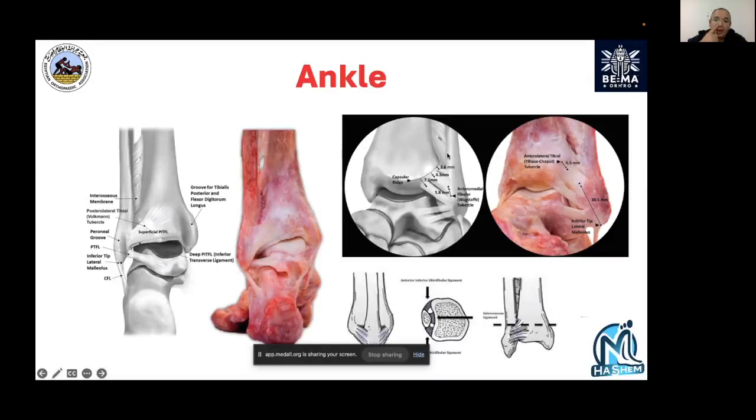So you have 4 structures controlling the movement of your syndesmosis: anterior inferior tibiofibular, posterior inferior tibiofibular, interosseous ligament, and interosseous membrane. The strongest of them is the anterior inferior tibiofibular, but the most commonly injured one is the posterior.